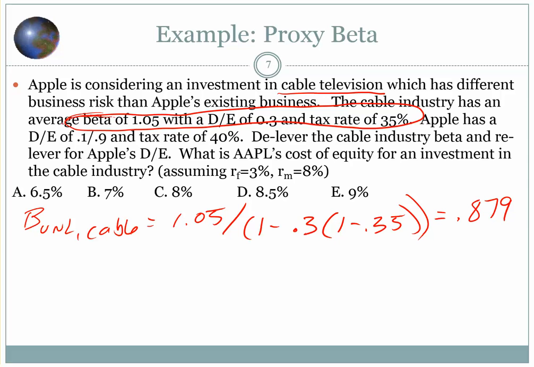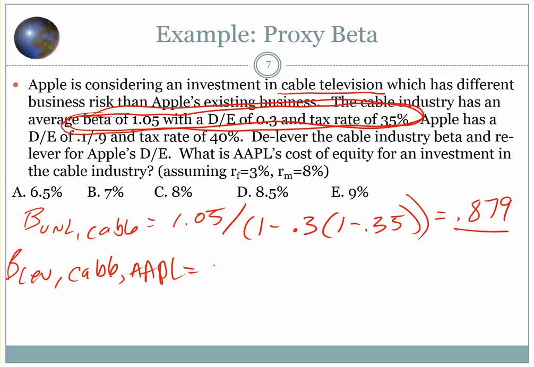So if this industry, or say this firm, had no debt, it would have a lower beta of 0.879. And then we'll lever that beta up for cable using Apple's capital structure.